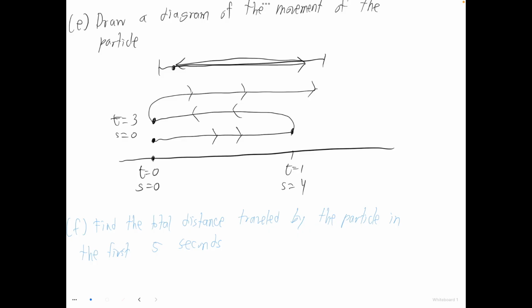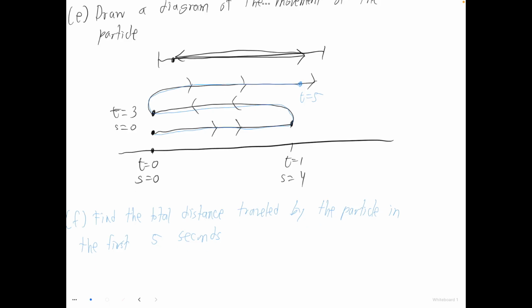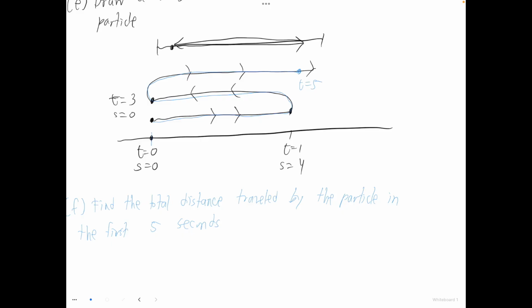Say t equals 5 is somewhere over here. We want to know the length of this path from 0 to 5, the entire path going both backwards and forwards. Now if I just did s of 5 minus s of 0, then all I would be doing is taking this distance right here. It's just that length right there.